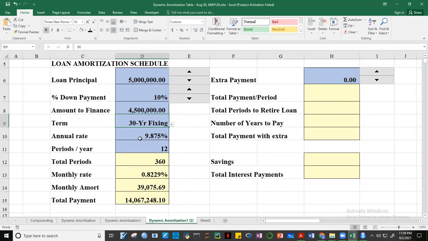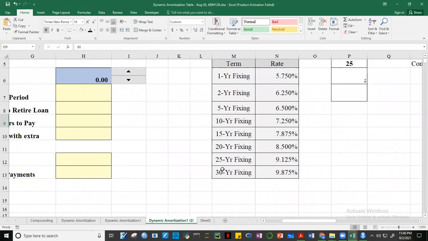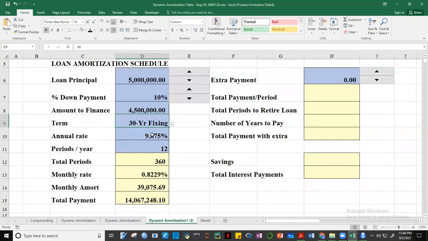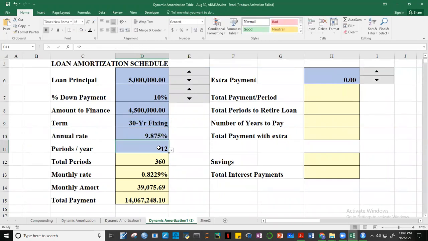Okay, so given the year, we use VLOOKUP in order to determine the corresponding interest rate. And then we said that since this is a housing loan, and usually for commercial loans, it's paid monthly.